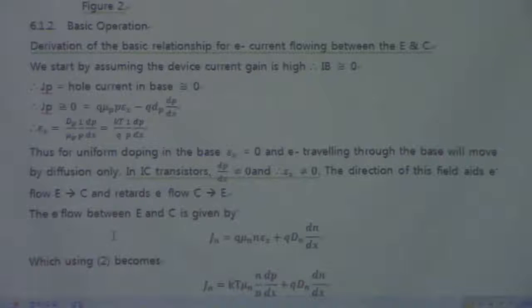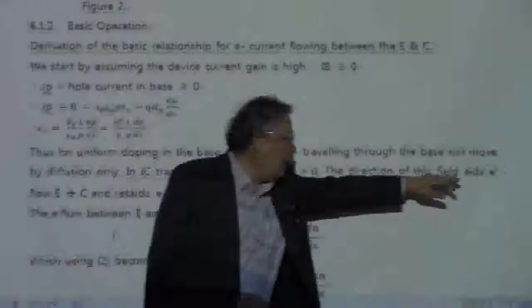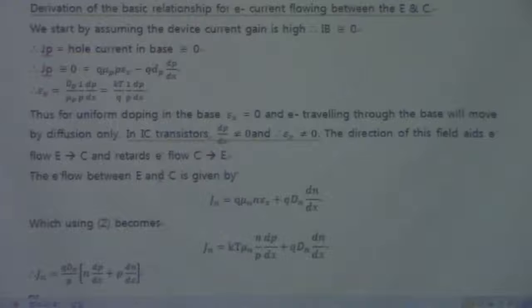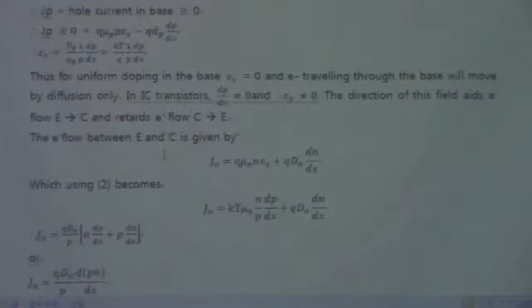It turned out that the direction of this electric field, which comes from the concentration gradient inside the base, will aid the electron current from the emitter to the base. So it's not going to make worse the logic of our discussions.